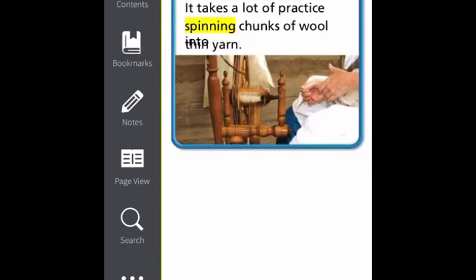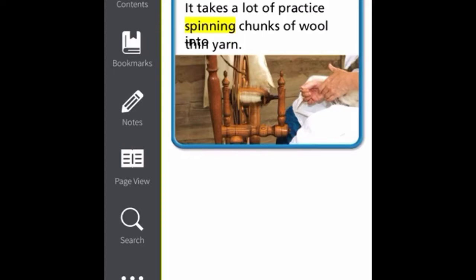Okay. Word number 3. Spinning. Do you notice something about this word? Spin, double N, then ing. Yes, it's one of the words we took before. When you add ing to that word, you have to double the N. Spinning.